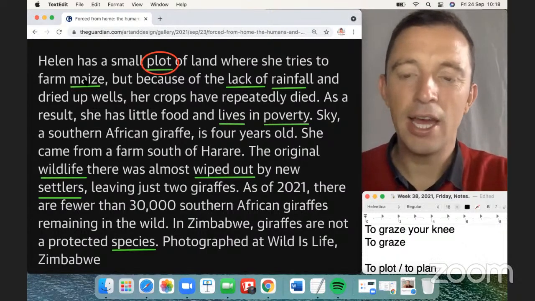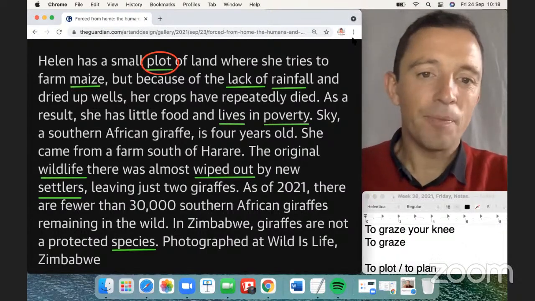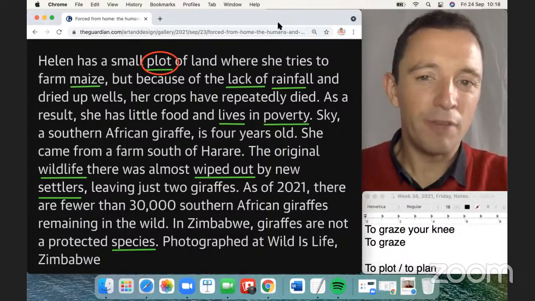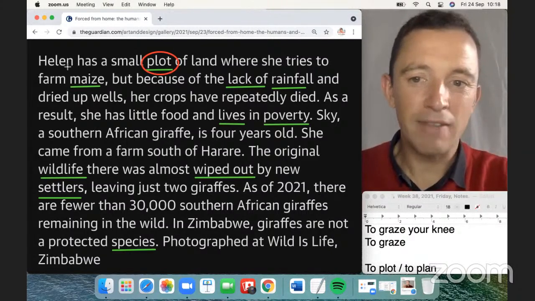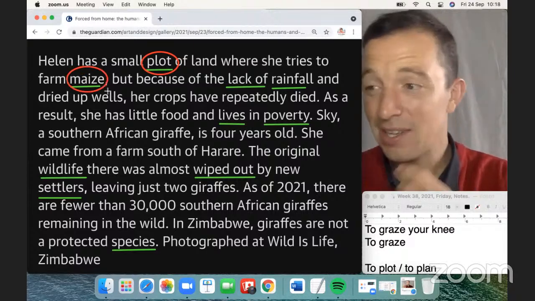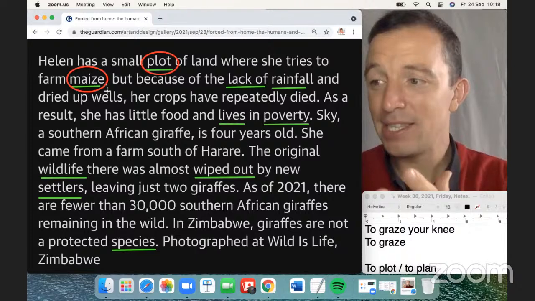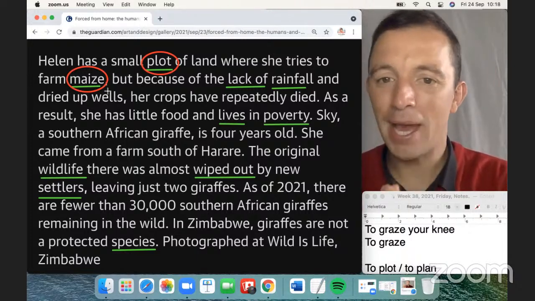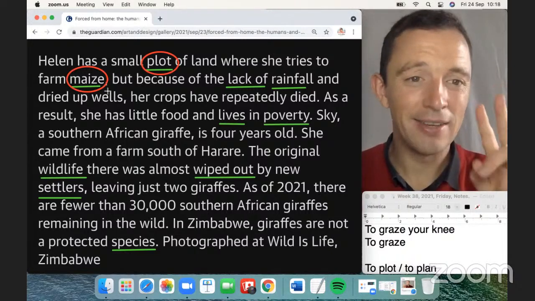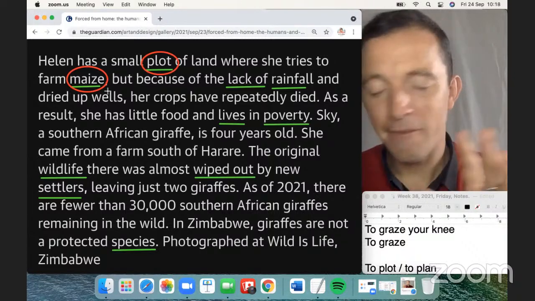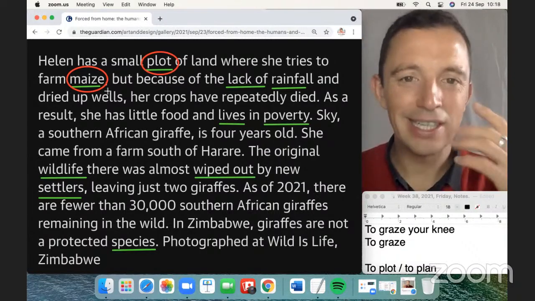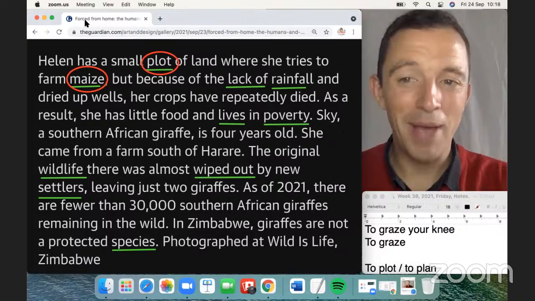Very important. Maize is a type of food. Maize is a type of food. I think it's like wheat and corn. It's a basic type of food. It's very important, maize. But there is a second word that looks very similar, sounds the same, but the spelling is different.